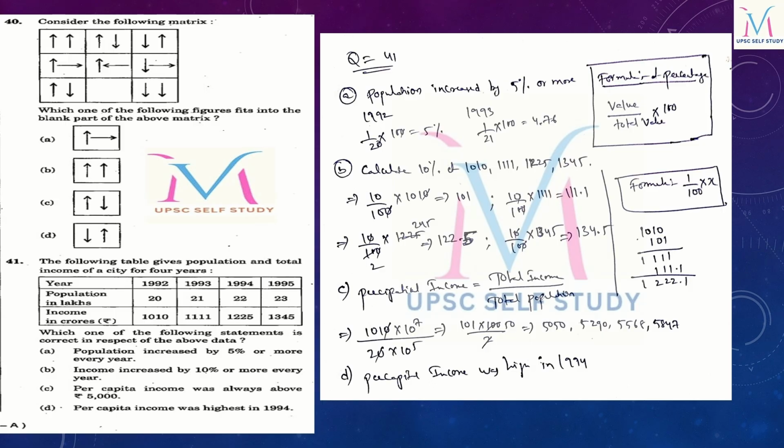So among all 6 boxes, the first 3 vertical boxes have 3 types of pictures: two arrow marks going the same side, then horizontal and vertical, and one in the opposite side.